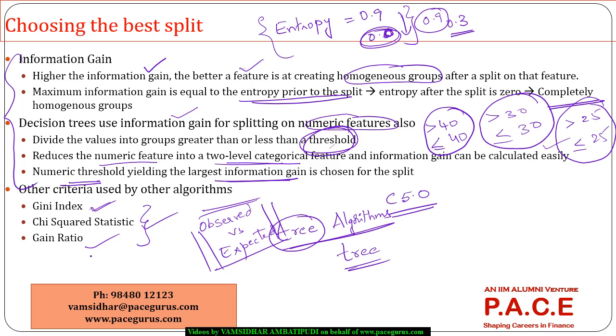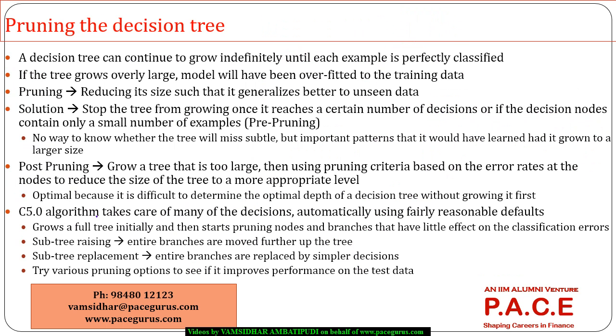Based on that, again, the splitting can be done. And there are some other techniques like gain ratio. Different algorithms use different kinds of techniques to classify the data, to split the data, so that it can be used for decision tree purposes. Alright. Then the tree can grow to any kind of size.